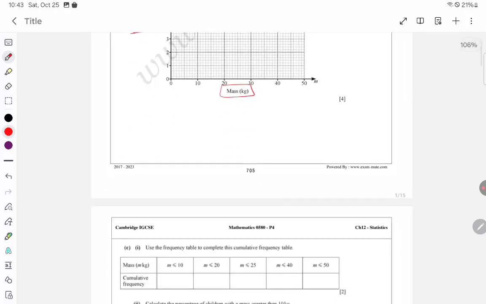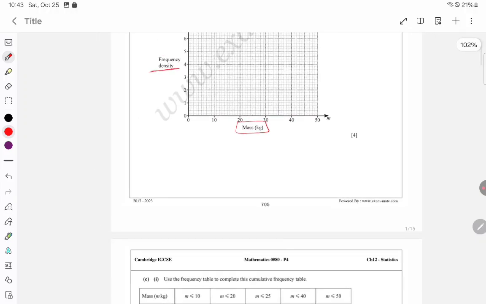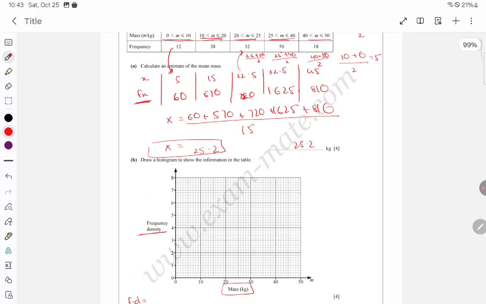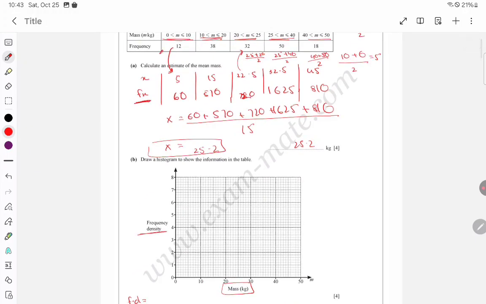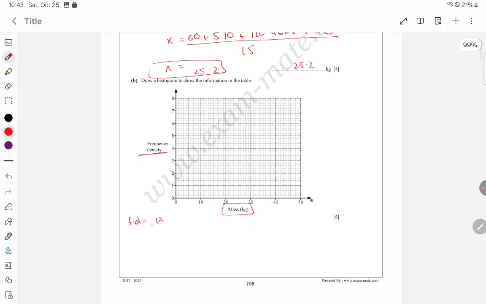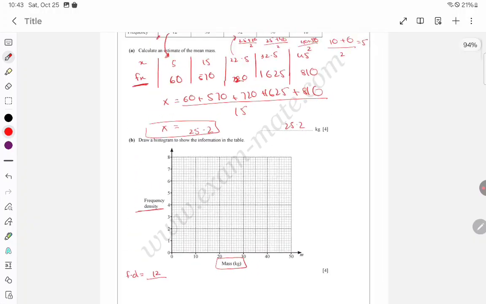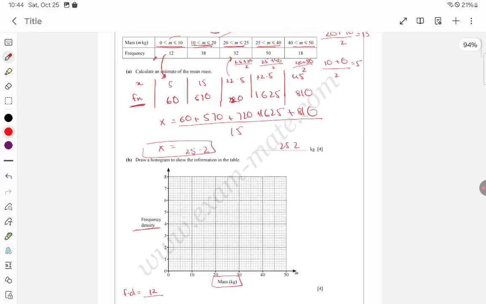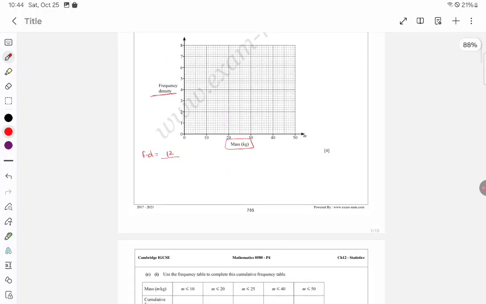We use the formula frequency density equals frequency divided by class width. For the frequency 12, 12 divided by the width 10 becomes 12 over 10, which is 1.2.